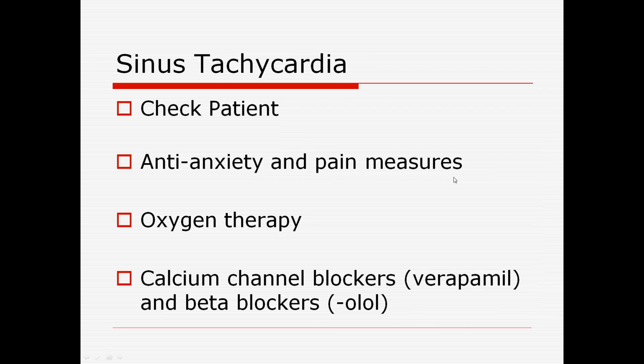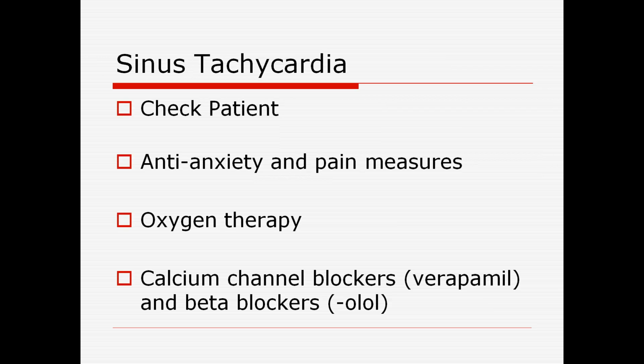Sinus tachycardia. If the heartbeat is sinus, it's the normal pathway, but it's above 100 beats per minute, check the patient. Sometimes patients get very anxious if their heartbeat is too fast. If they already have cardiac disease, they could have pain because they're not getting enough oxygenated blood. Maybe they need oxygen.